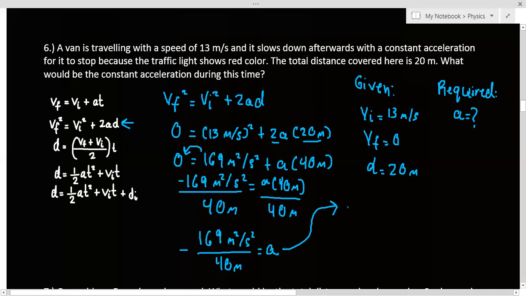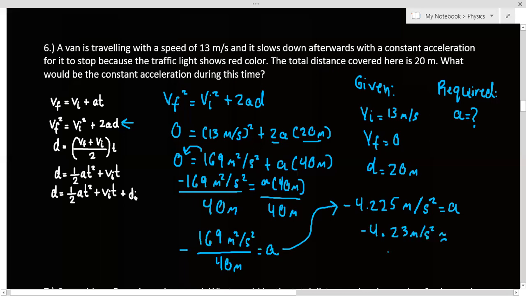So dito, if you're going to get the exact answer for this one, you will have negative 4.25 meters per second squared. Yun yung answer mo. Or kung gusto mo siyang i-approximate into 2 decimal places, you will have negative 4.23 meters per second squared.